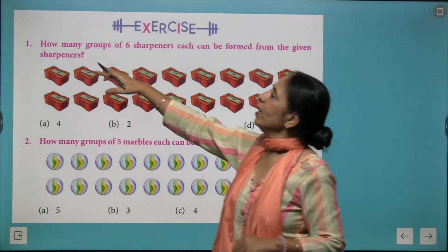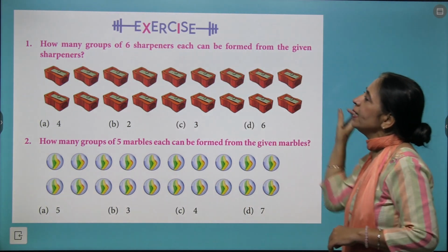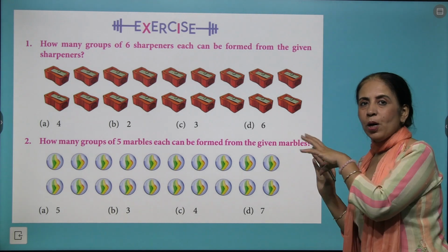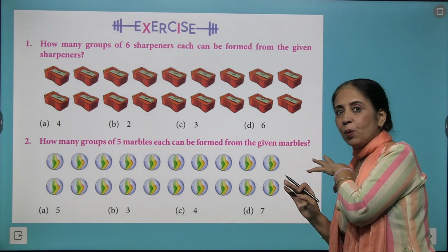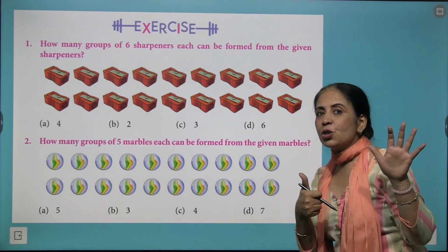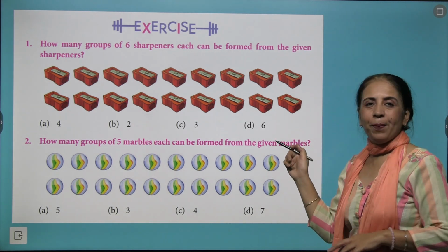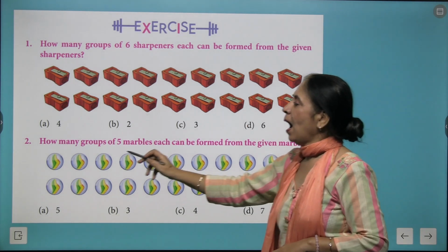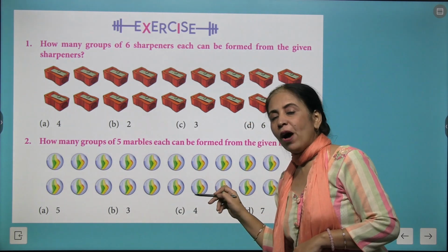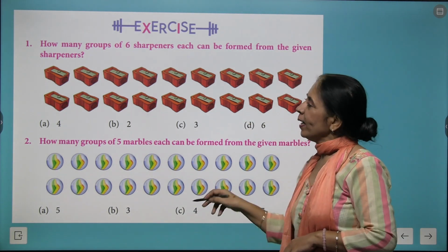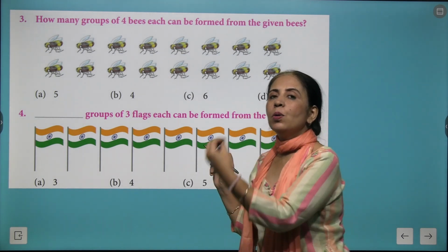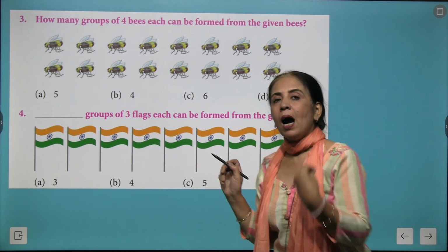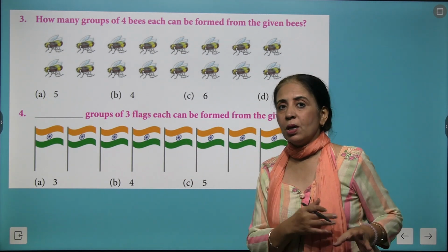Here, how many groups of 6 sharpeners each can be formed? So what are you going to do? We'll make the groups, and each group will have 6 sharpeners. Let's try making them. Then how many groups of 5 marbles are you going to make? Very easy and interesting question. You learn how to make groups, how to do equal distribution.